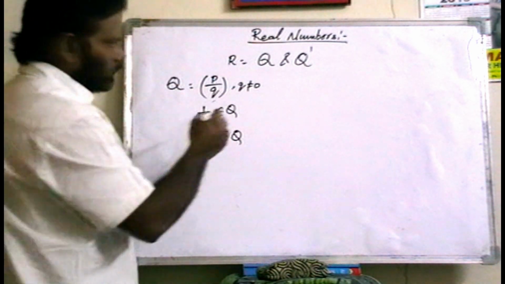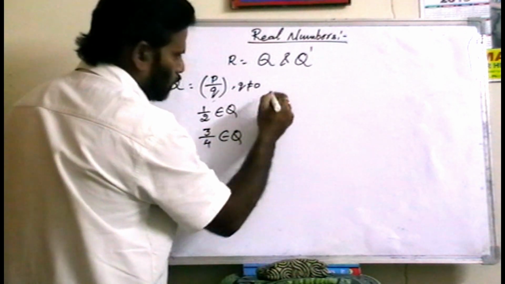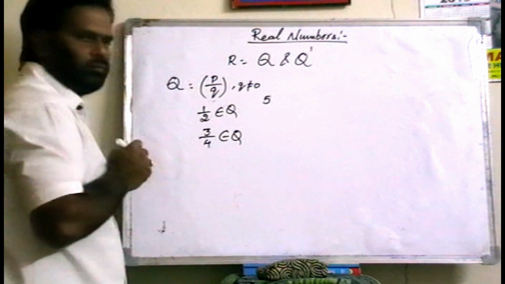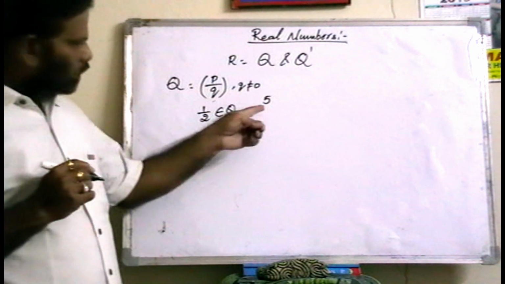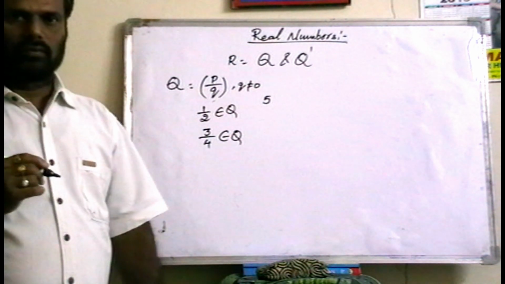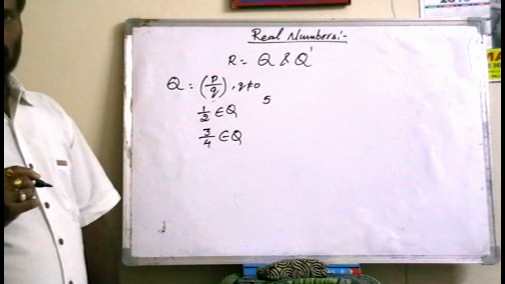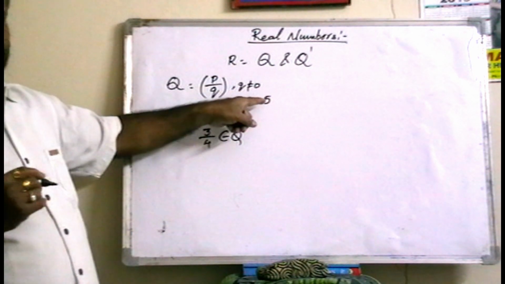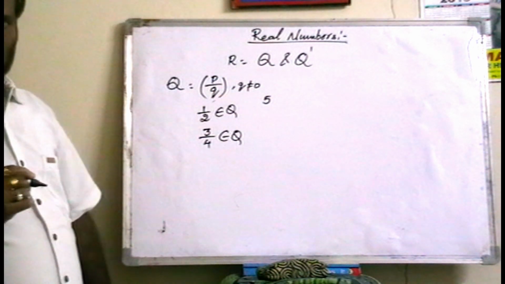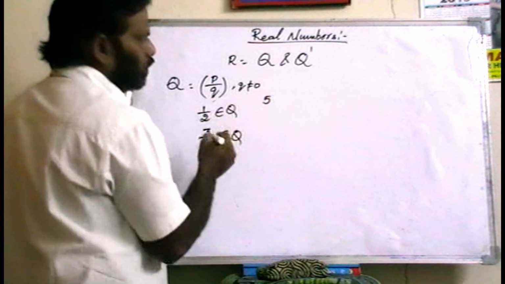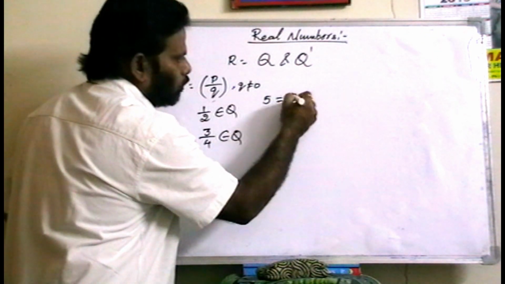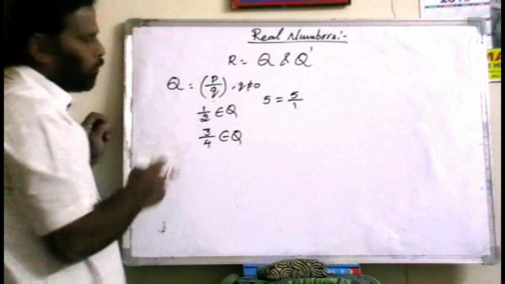Now, is 5 a rational number or not? It is not in the form of p by q. It is an integer. Is this integer rational or not? We can write 5 as 5 by 1, which is in the form of p by q.